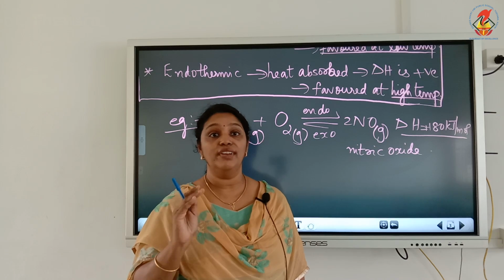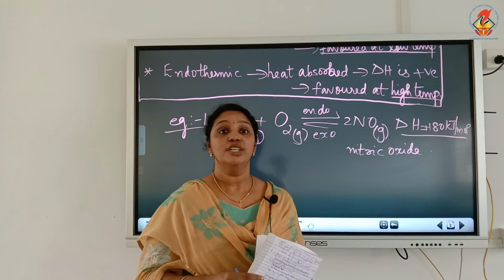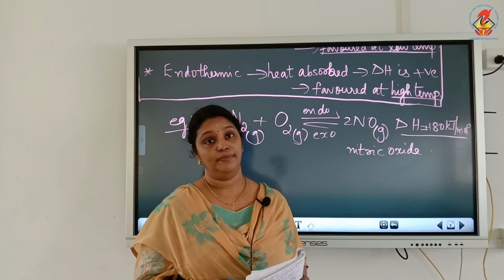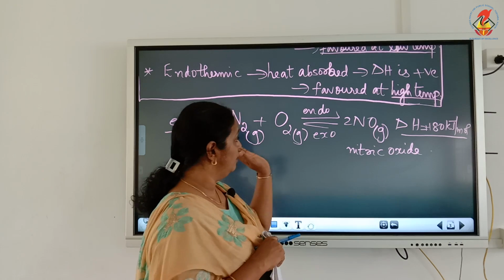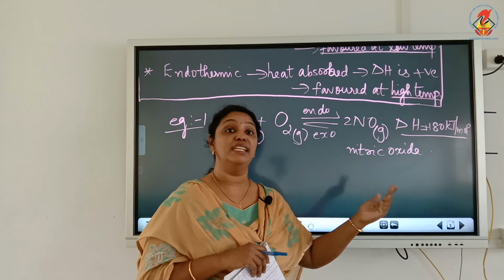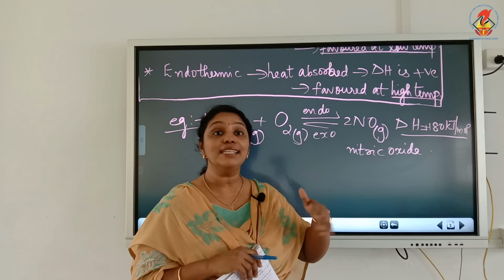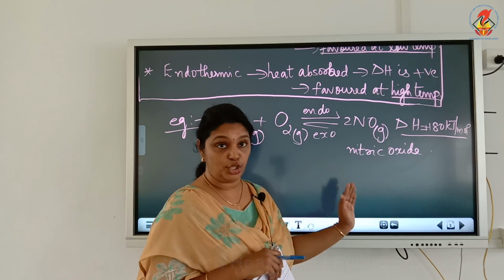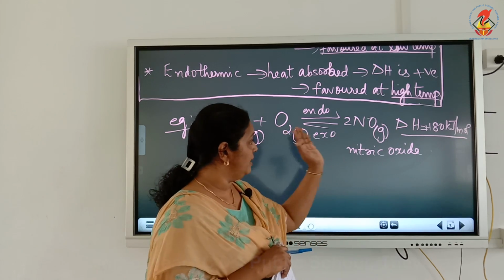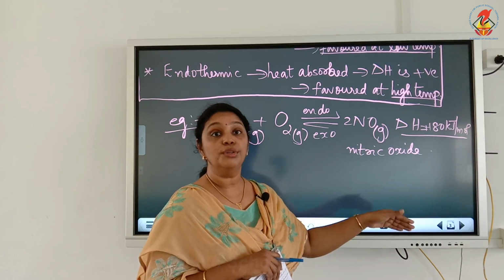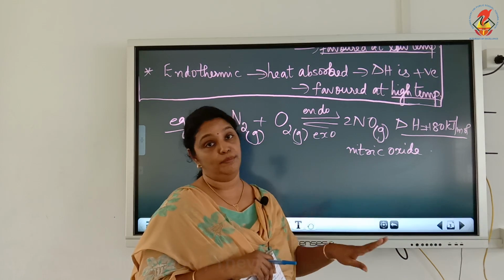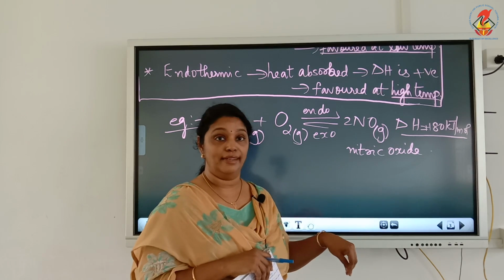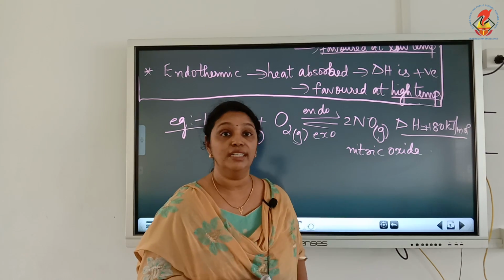The reaction shifts to the side which absorbs heat. In this case, the forward reaction is endothermic, meaning absorption of heat. So if I increase the temperature, the reaction will take place in the forward direction to reduce that increased temperature. If I decrease the temperature, then the reaction will proceed in the backward direction.